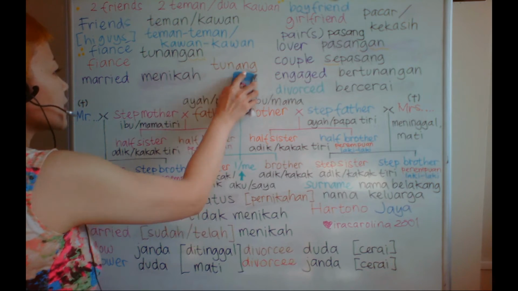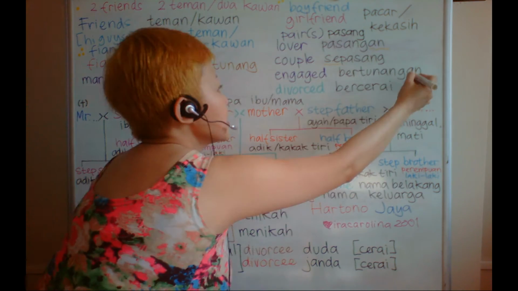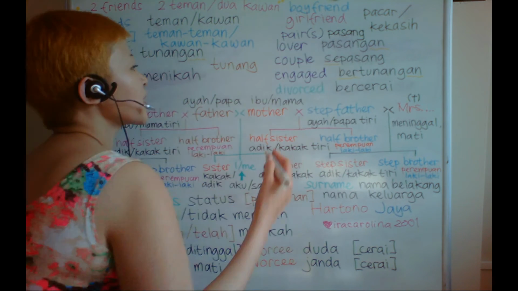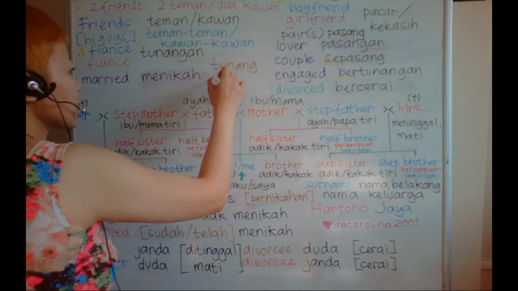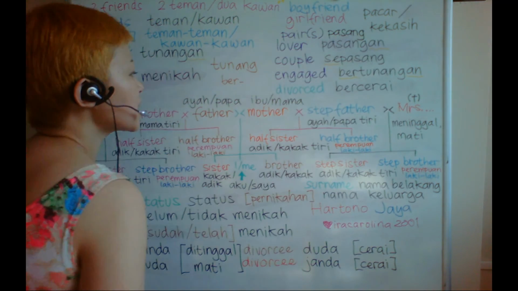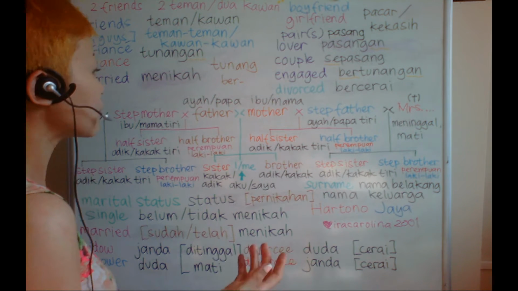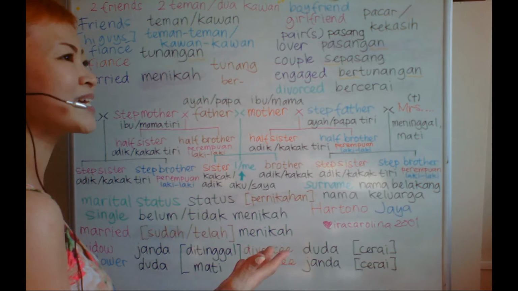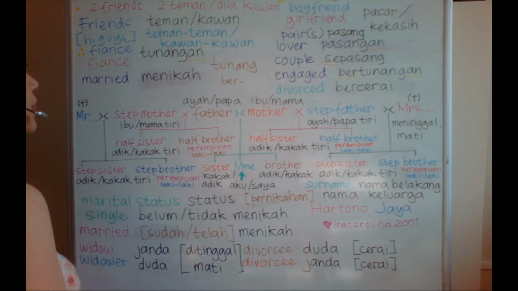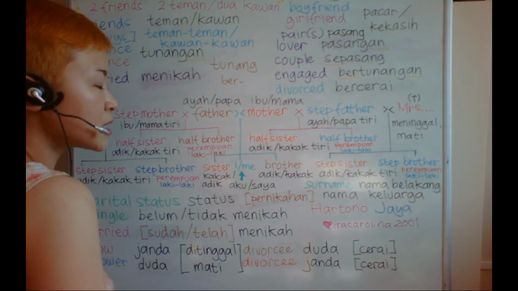And here, engage, we already have the an as suffix, and we put the prefix ber. This one has prefix and has suffix. This ber, one of its functions is to make it become doing something, have done something, making it become verb.